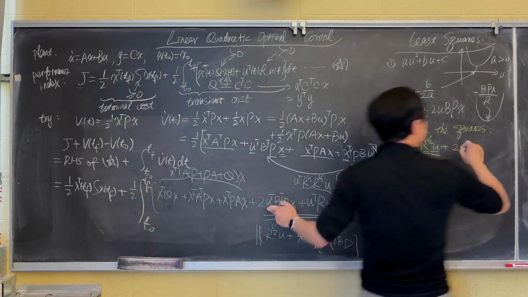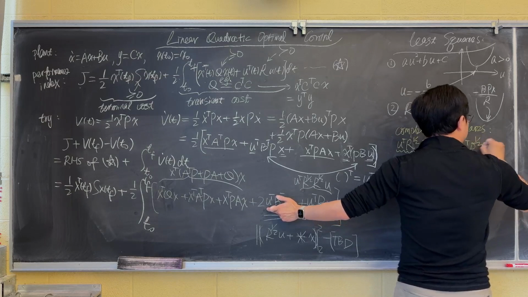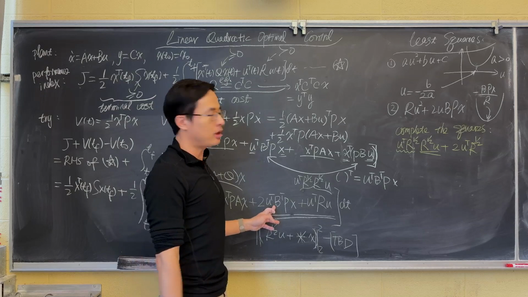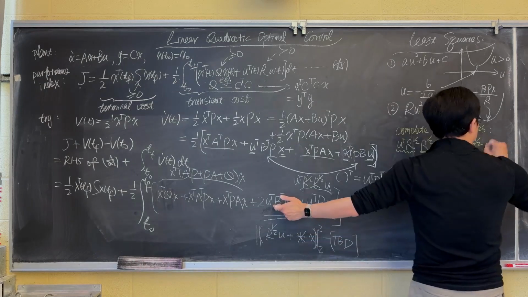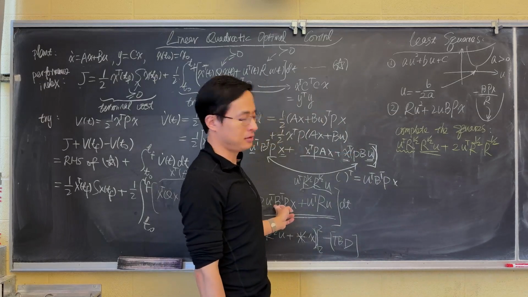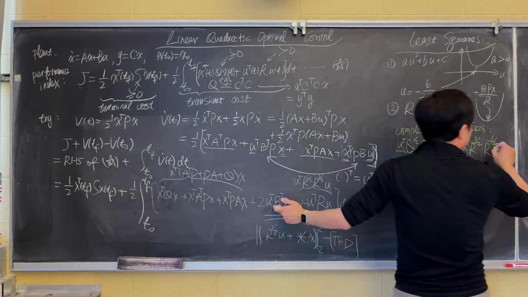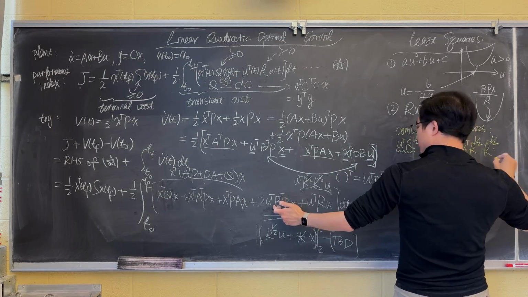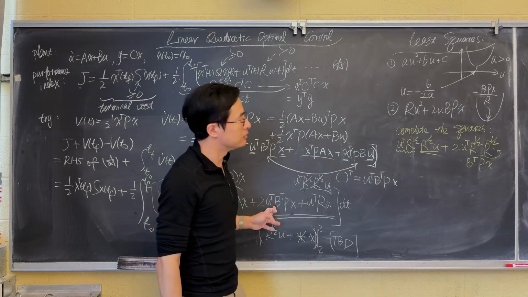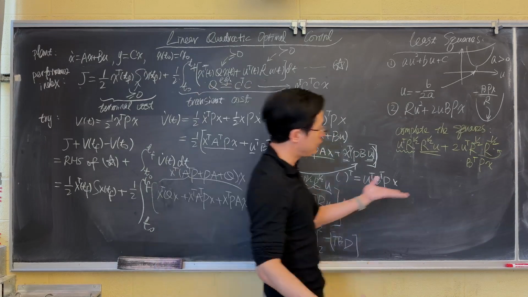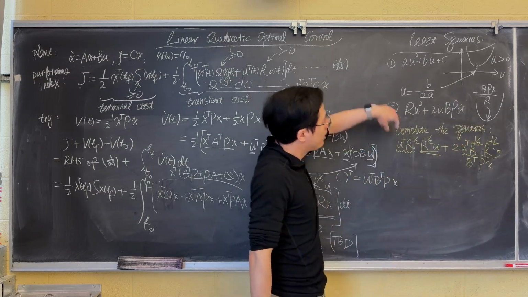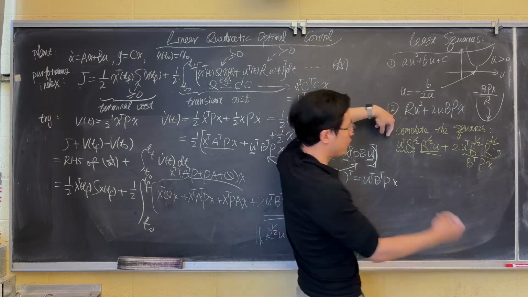So 2 U transpose R to the 1/2. So I added one square root of R, I need to do R to the negative 1/2 to make it balanced. And then I will have B transpose PX. That is just changing the terms a little bit so that completing the square will be easier then.